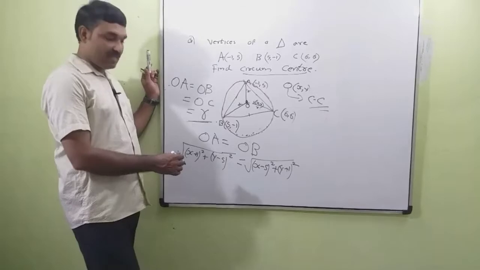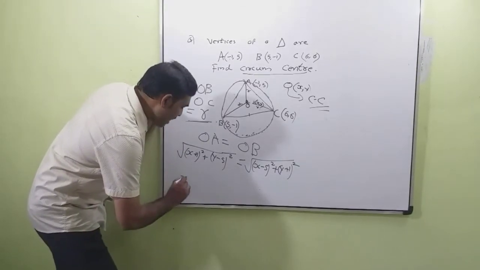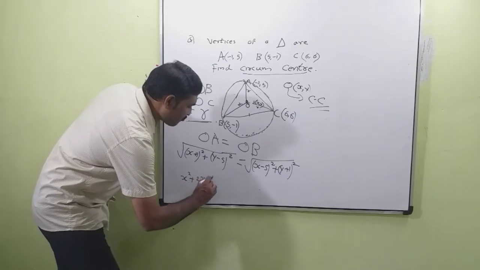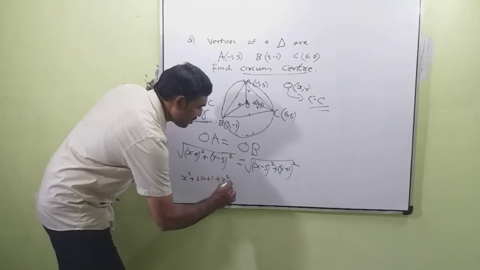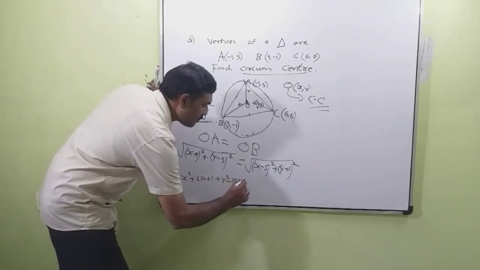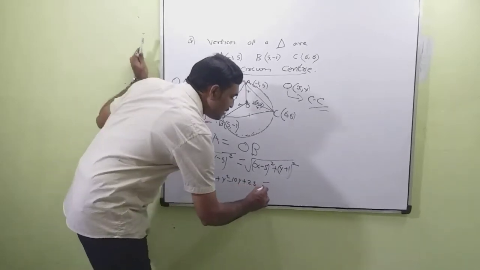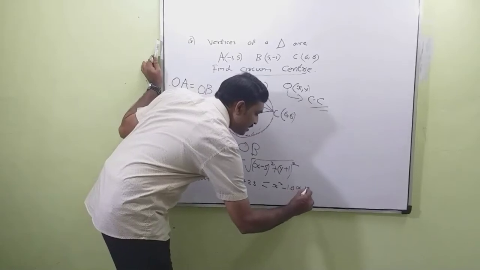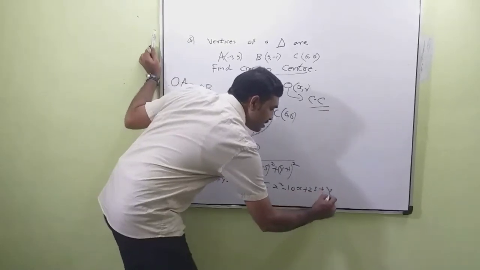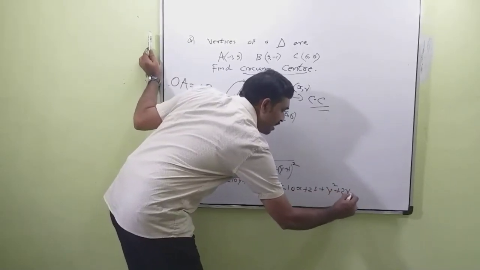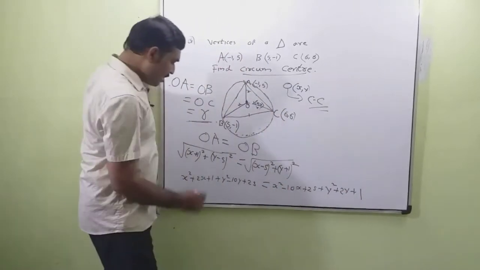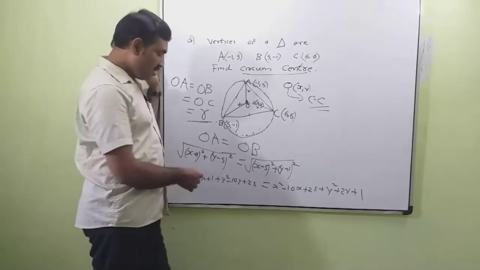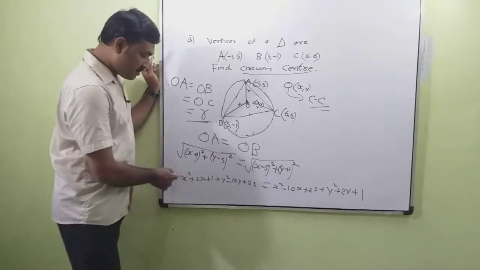Now simplify this expression. We get x square plus 2x plus 1 plus y square minus 10y plus 25 equals x square minus 10x plus 25 plus y square plus 2y plus 1, squaring both sides of the equation to remove the square root.